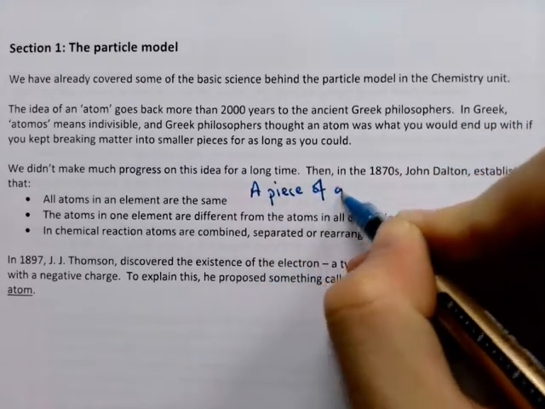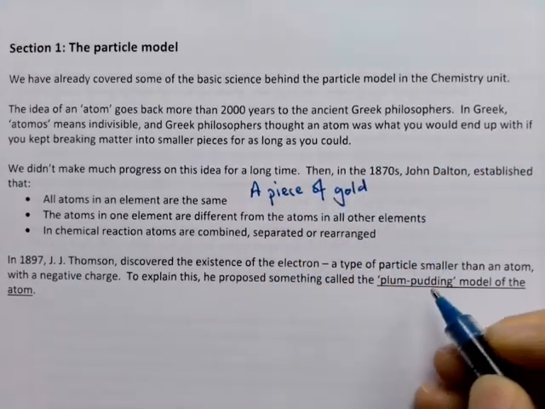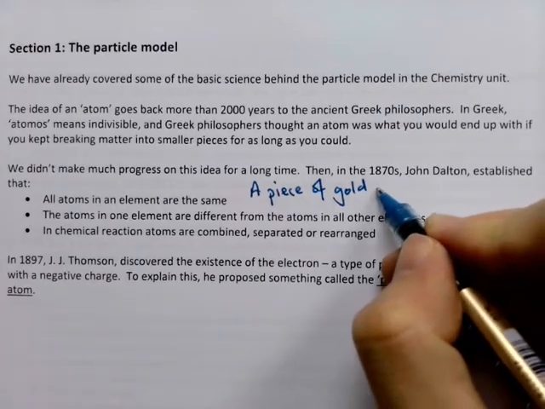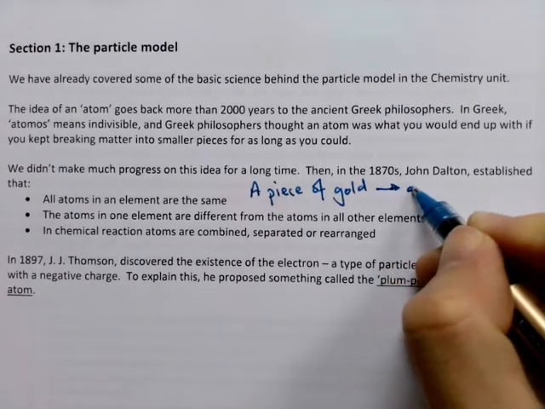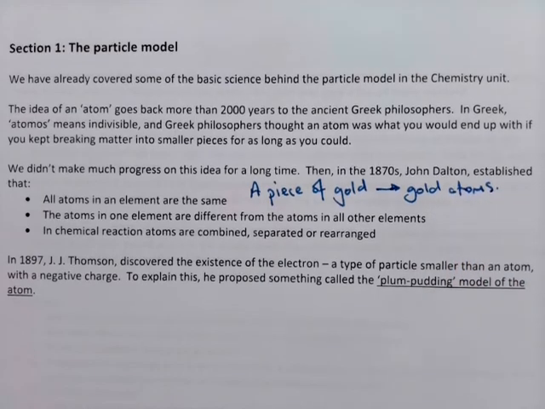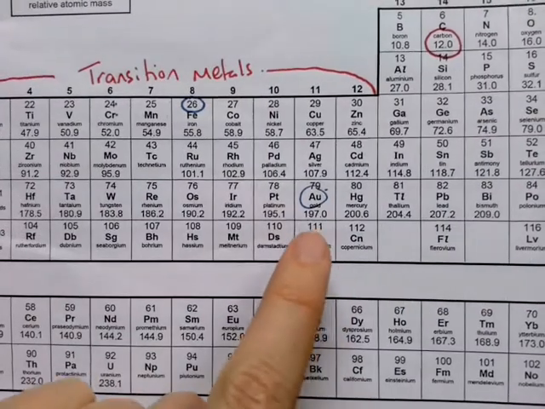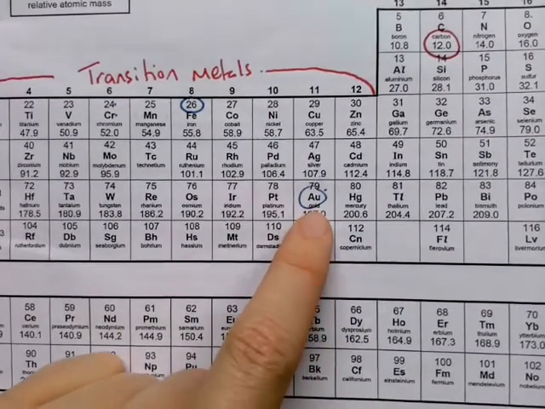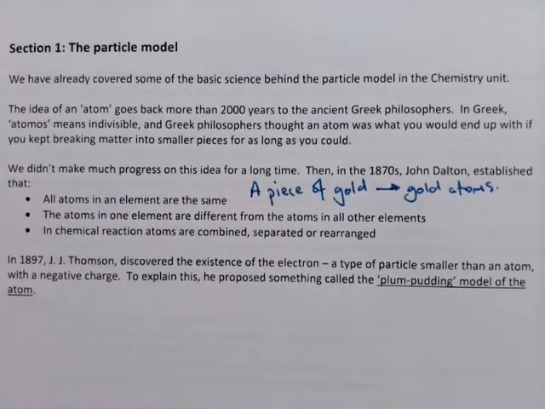A piece of gold has only got one type of atom in it, and that atom is gold atoms. So if I give you a lump of gold, which is unlikely to happen, I'm afraid, all of the atoms would be gold atoms in there. And that is what an element is.